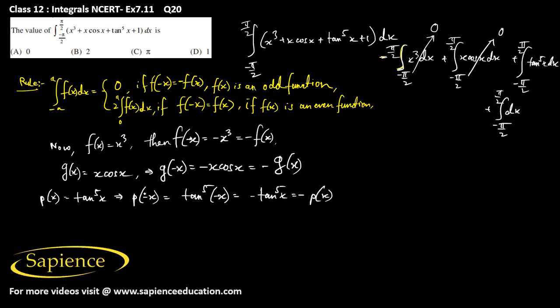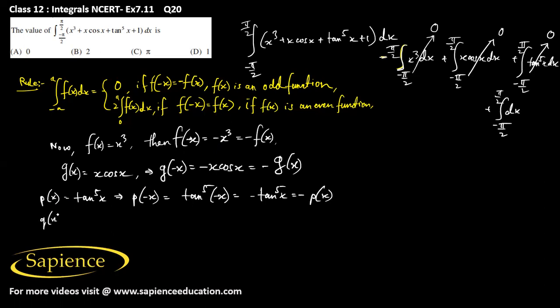So p of minus x equals minus of p of x. So this function tan power 5x is also an odd function. So this integral from minus pi by 2 to pi by 2 of tan power 5x dx will become 0.